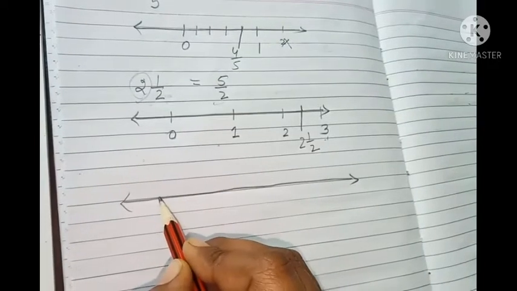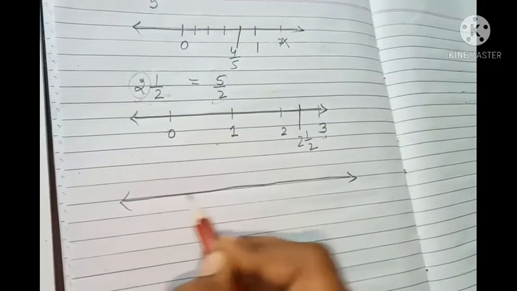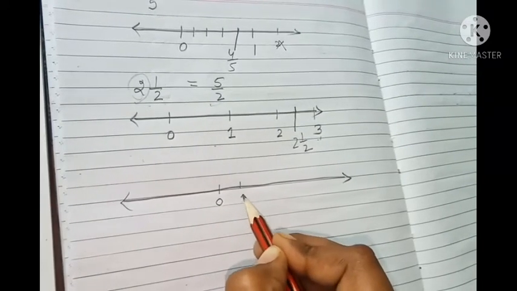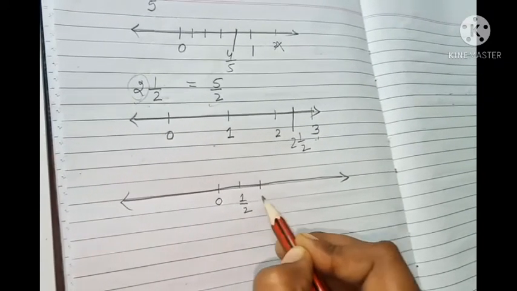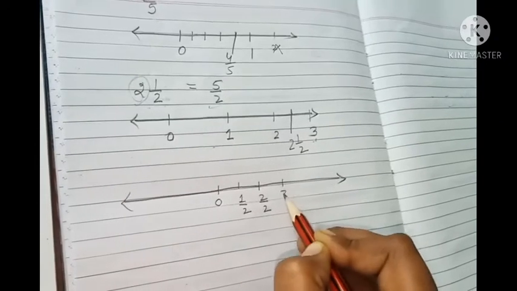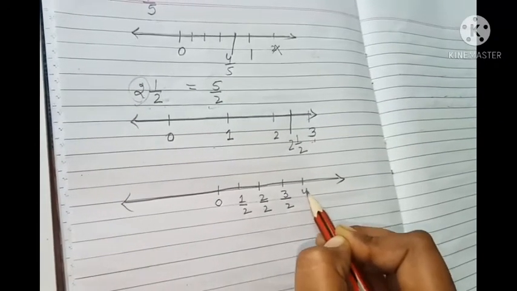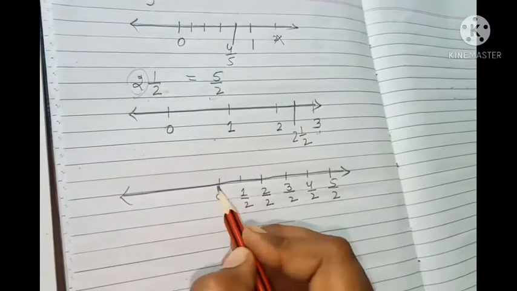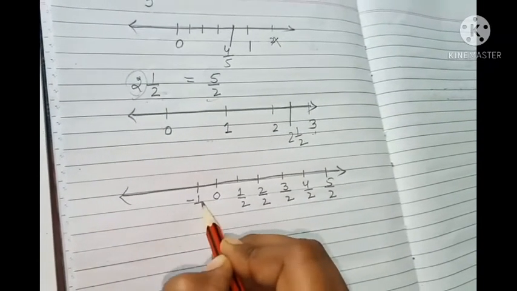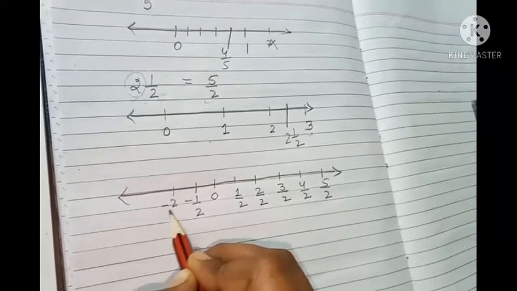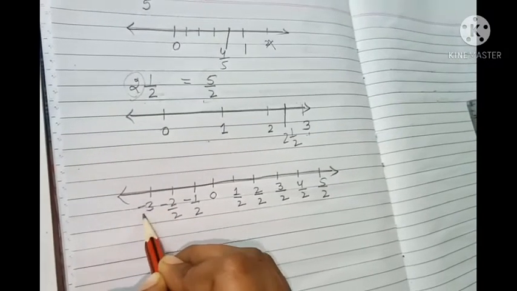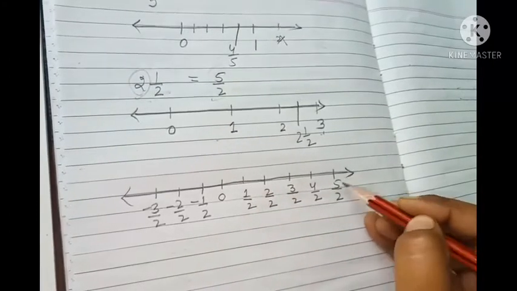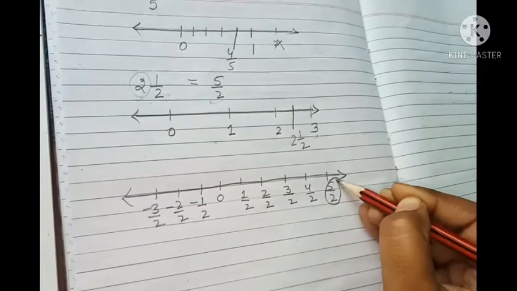So just like you have 0, 1 by 2, 2 by 2, 3 by 2, 4 by 2, 5 by 2. If you are representing like this, represent it in the negative direction also: minus 1 by 2, minus 2 by 2, minus 3 by 2, and so on. Okay? But have equal spacing in between. Then you will say that this is your 5 by 2.